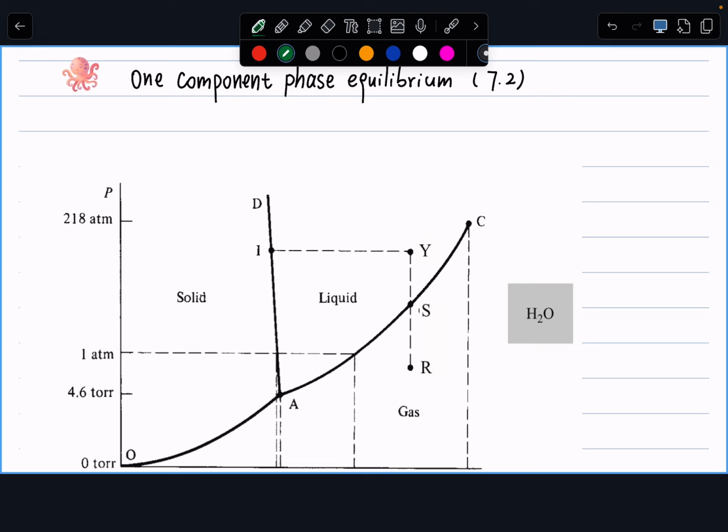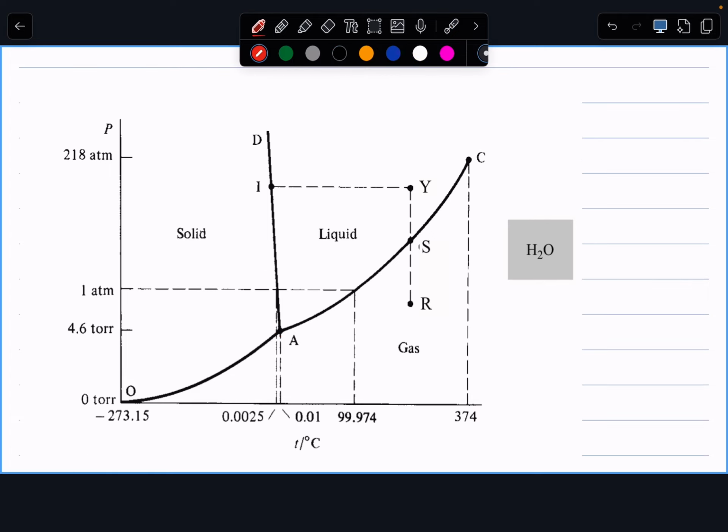We always say that a pure component can exist as a maximum of 3 phases in equilibrium with each other. That's our triple point. For every species, there is a triple point at which its liquid, gas, and solid phases are in equilibrium with each other.